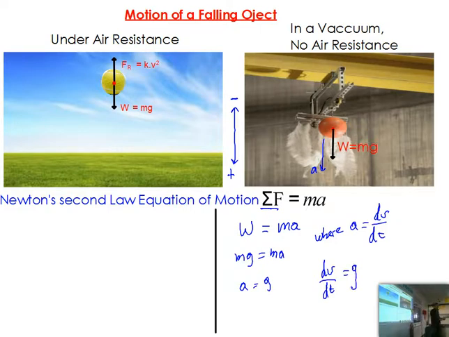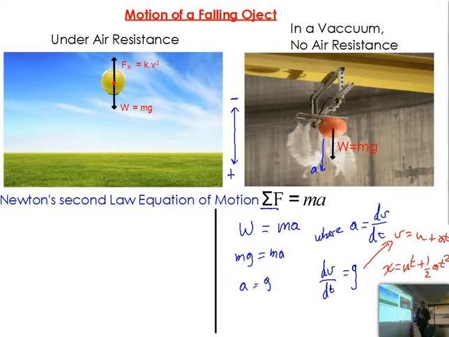And from that, we get all our constant acceleration rules. So this gives you v equals u plus at, x equals ut plus half at squared, and so on. You get all your constant acceleration formulas from that.